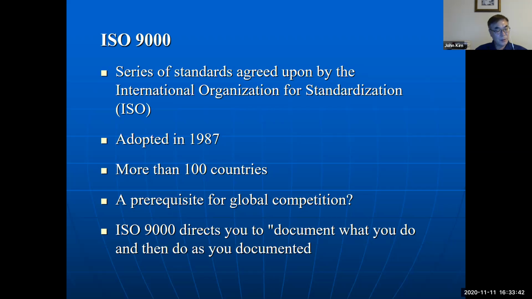If you go to an Asian country, such as Thailand, when I went to Bangkok, I saw many signs, ISO 9000, ISO 9400, 100, and so on. More than 100 countries use this ISO 9000 as a standard to make sure of their quality.